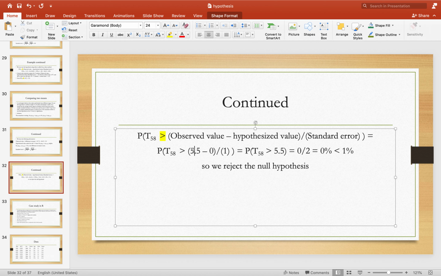Okay. Now, this 0% indicates that the difference in wages is not due to random selection. We would not expect to see that big of a difference in wage due to random selection.